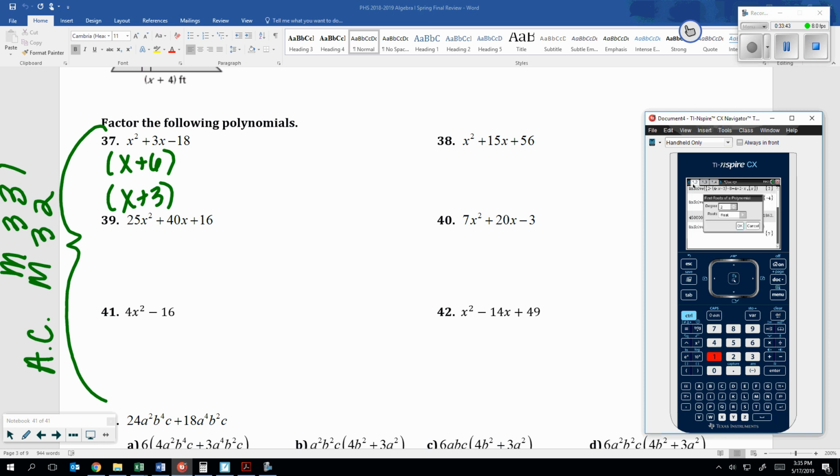This is to find the zeros of a quadratic. To type in our values, our a is before our x squared, which has nothing there, so it's a 1. Our b is in front of the x, which is 3. And our c, our last one, is the constant number, which is negative 18. And it tells us that our zeros are negative 6 and 3.